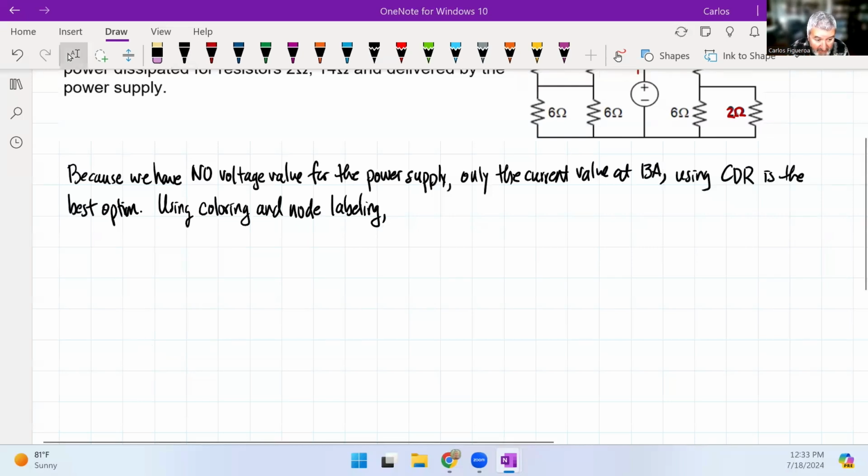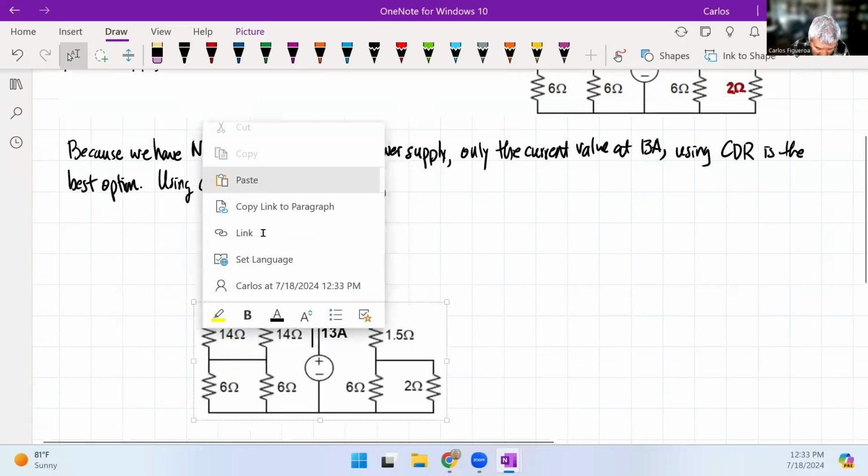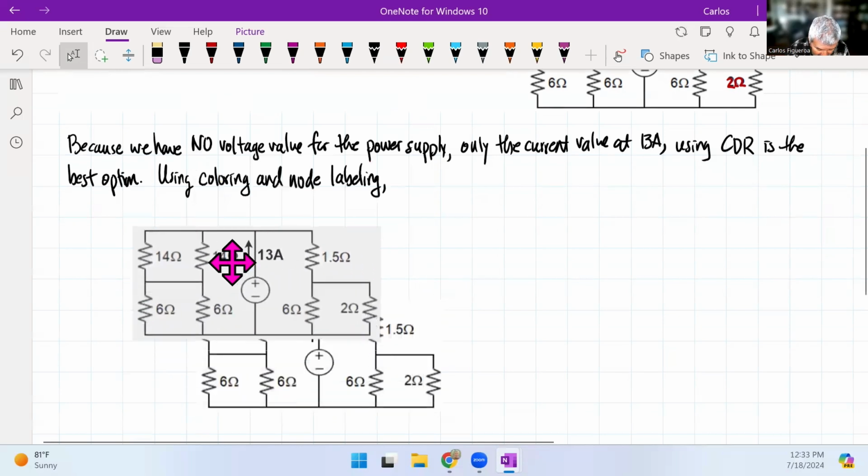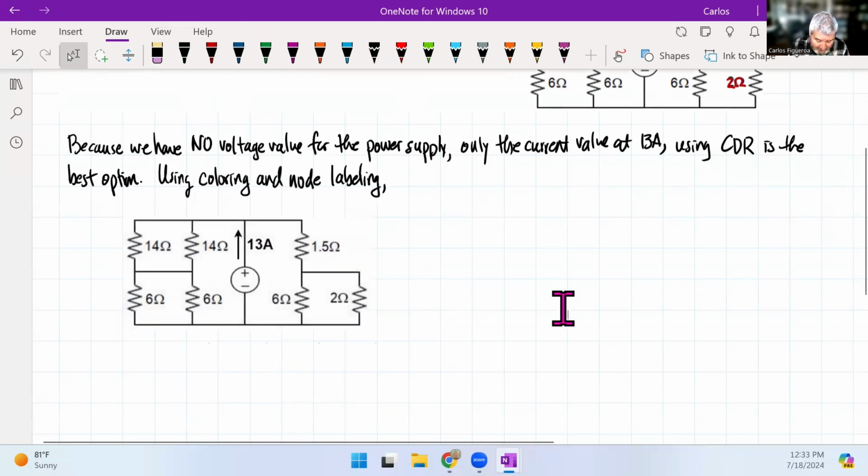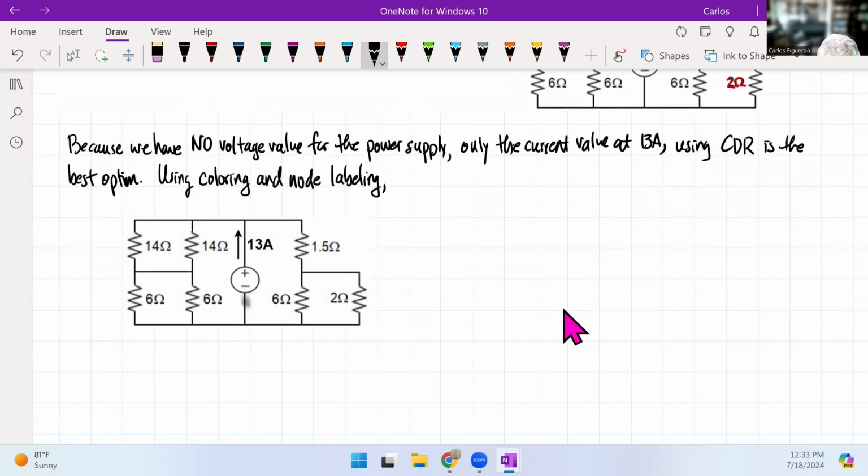I have my circuit, and it looks like this. So this is just an image of the circuit. So the bottom of the power supply, I'm always going to define as ground.